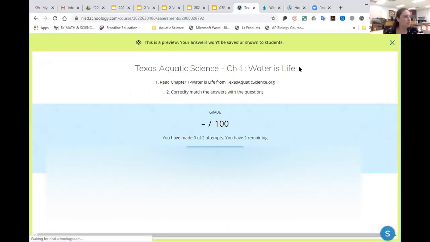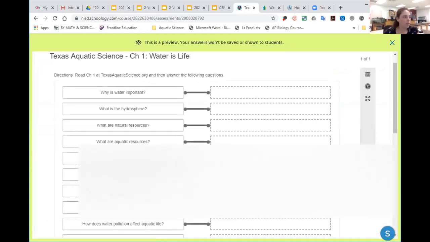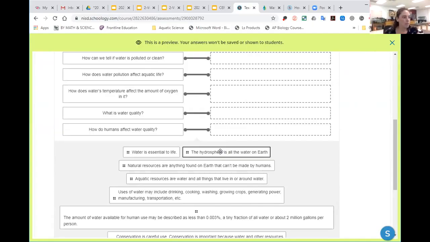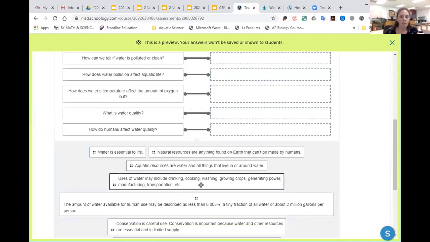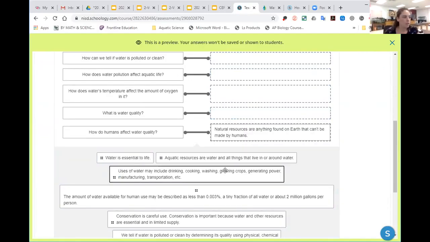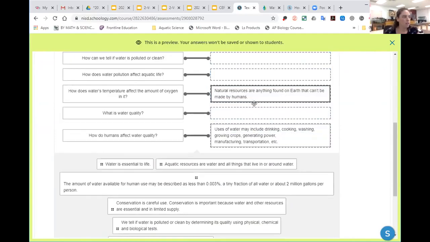This is the teacher view at the moment. We can see, we can start your attempt. And then you have a matching assignment for today. The questions are all on the left side. Answers, you will just drag and drop wherever you think they may belong.